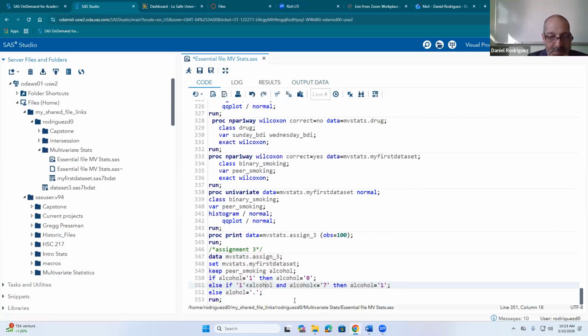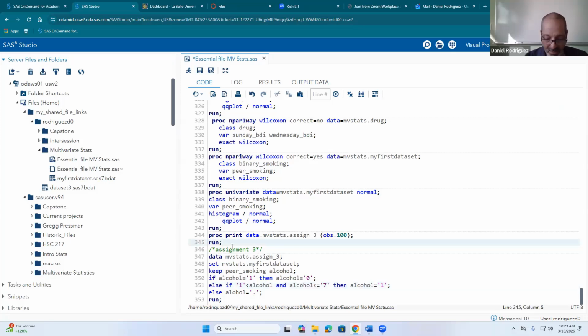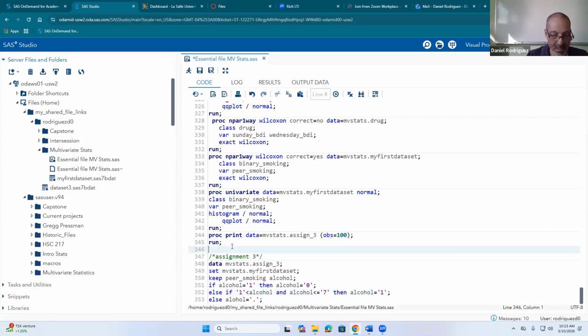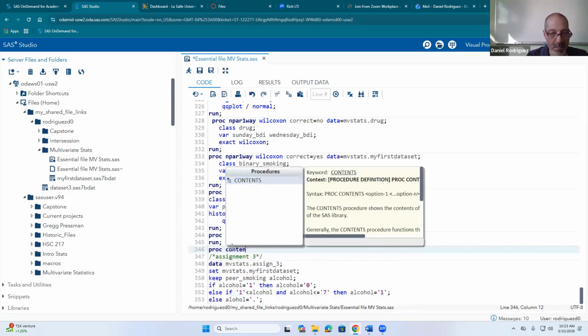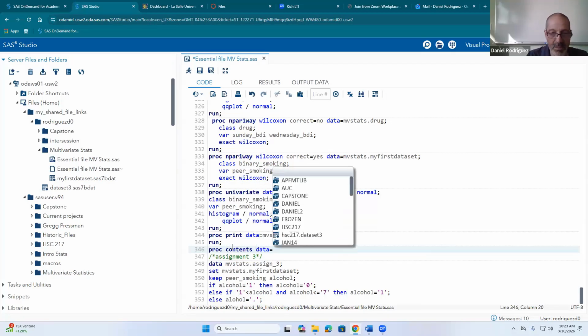All right, so you need to do this then, because now you can go ahead and run this, because now you have a new variable, a new way of looking at alcohol. So our new data set, though, if we just do a proc contents for our data set, we'll only have two variables in it, right? Proc contents data equals MV stats dot assignment 3.